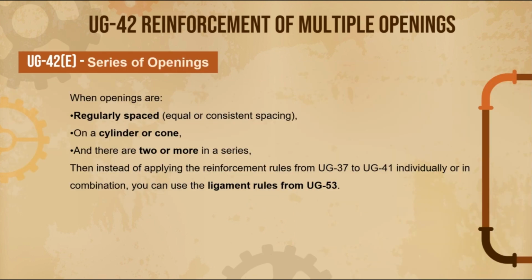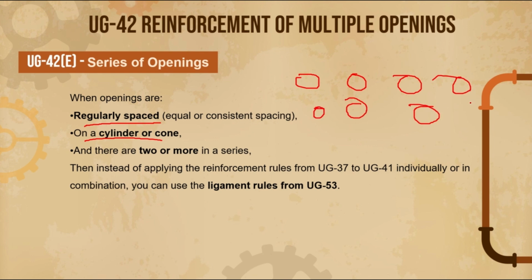And finally, UG-42(e) says that series of openings. When openings are regularly spaced on a cylinder or cone, and they are two or more in series, for example, these are the openings in a series form, guys, then instead of applying the reinforcement rules from UG-37 to UG-41 individually, you can use ligament rules from UG-53, guys.